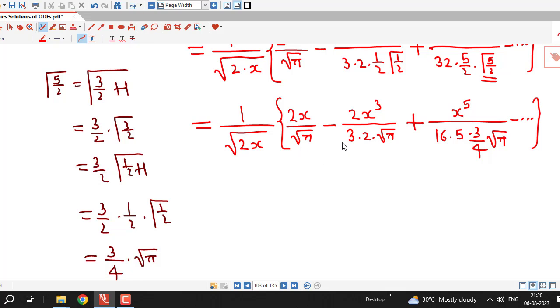Now if you observe, in the numerator we have square root of pi in every term. So let me take square root of pi common.